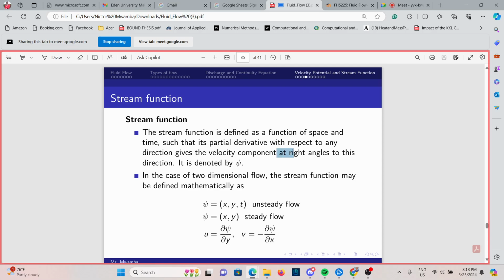So if I differentiate this stream function with respect to x, I'm going to obtain the velocity at right angle to the x direction, which is the velocity along y. The same if I differentiate this stream function with respect to y, I'm going to obtain the velocity at right angle to the y direction, which is the velocity along the x axis.